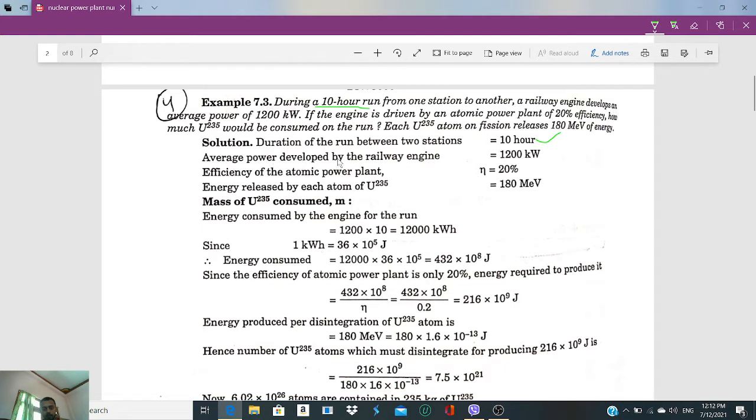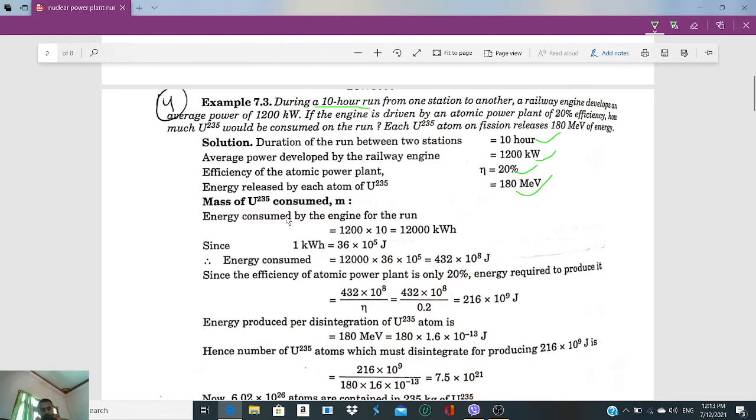Similarly, the average power developed by the railway engine is given as 1200 kilowatt, and the efficiency of the atomic power plant is 20%. Similarly, the energy released by each atom of uranium 235 is 180 MeV. So first we have to calculate the mass of uranium consumed.